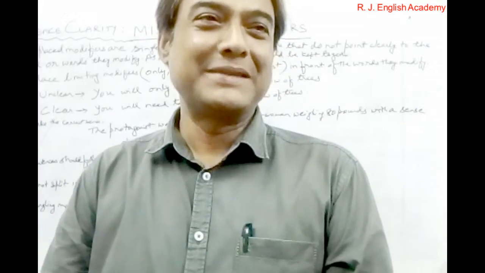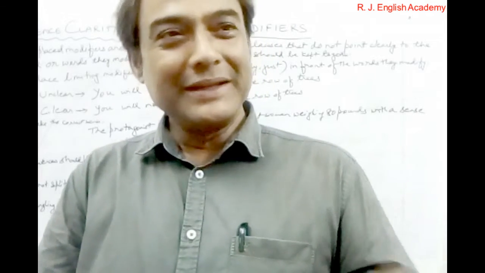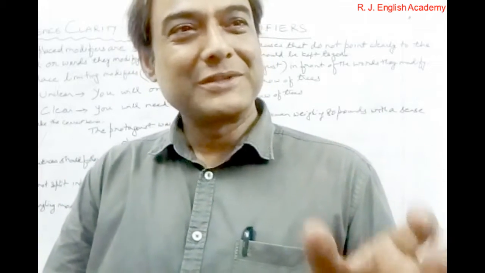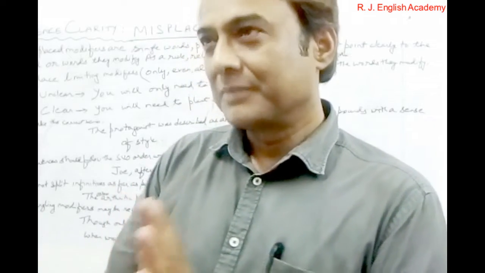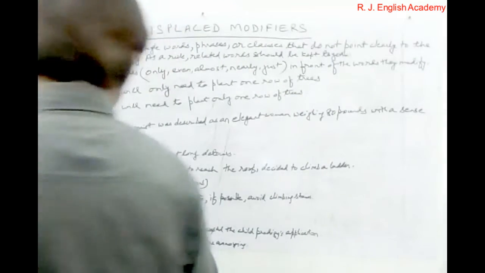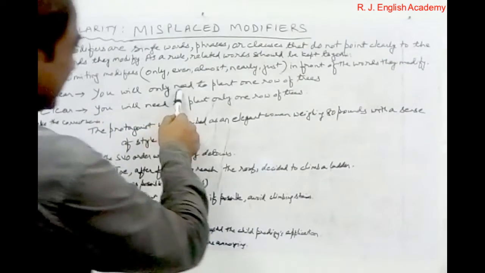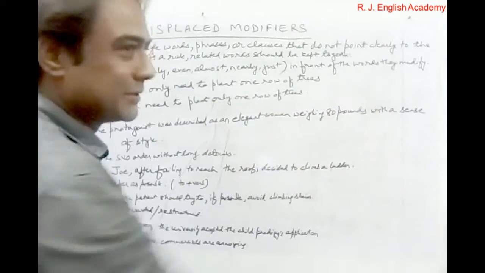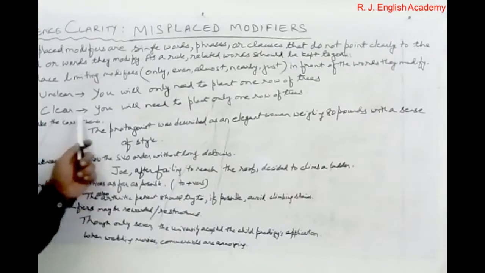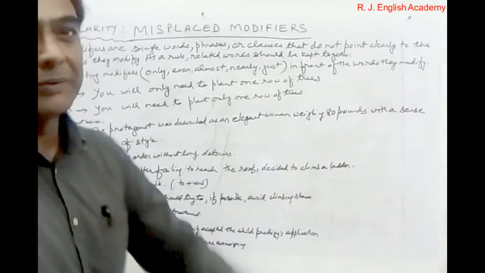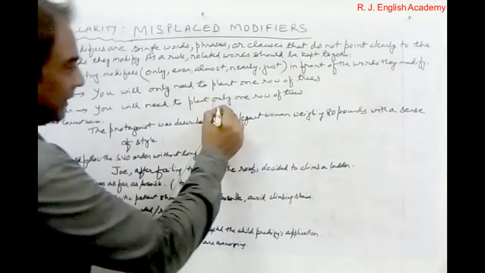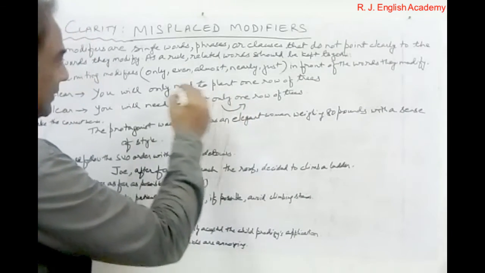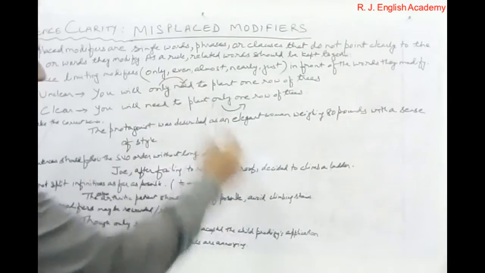But you must remember that only is a limiting modifier, so place it just before the word that it modifies. For example, you will only need to plant one row of trees. Second is, you will need to plant only one row of trees. Now here only modifies one, and here only modifies need.